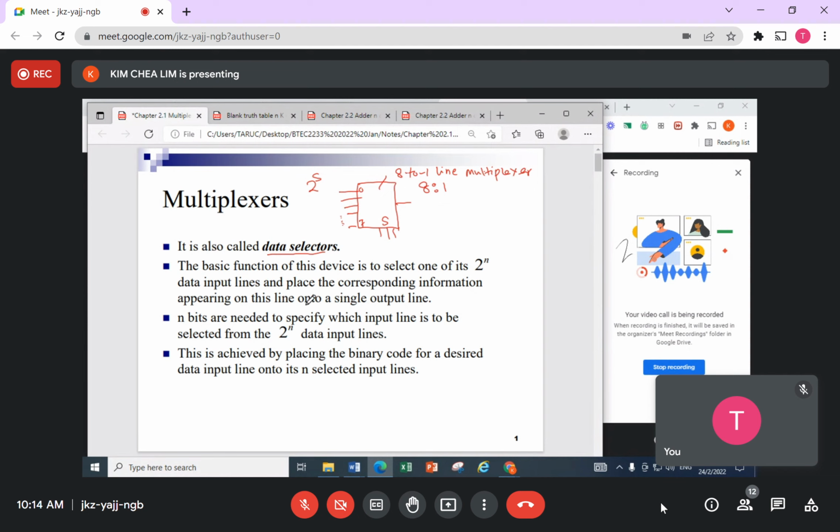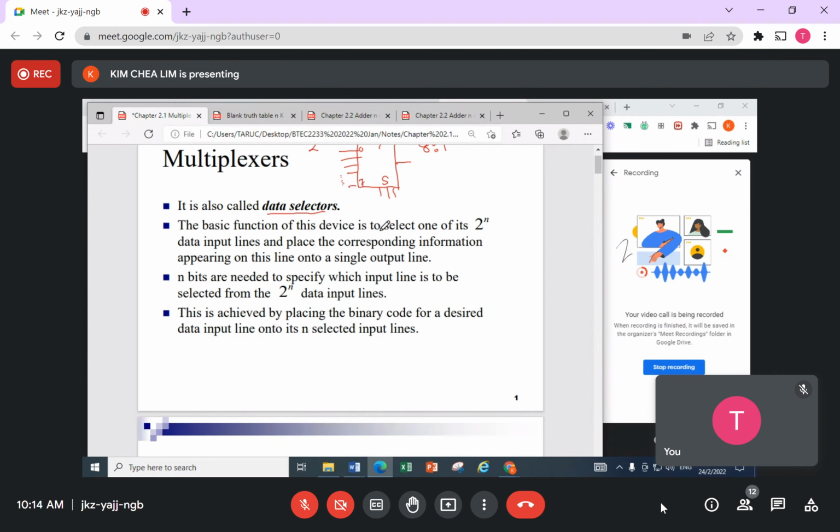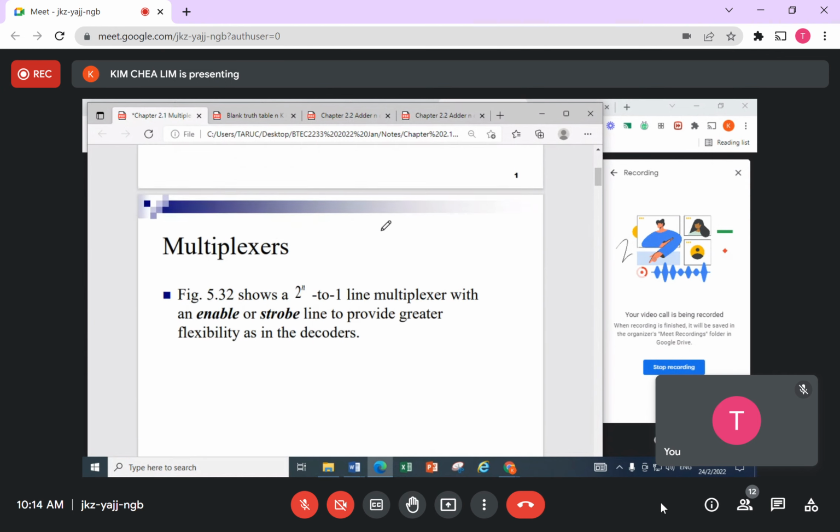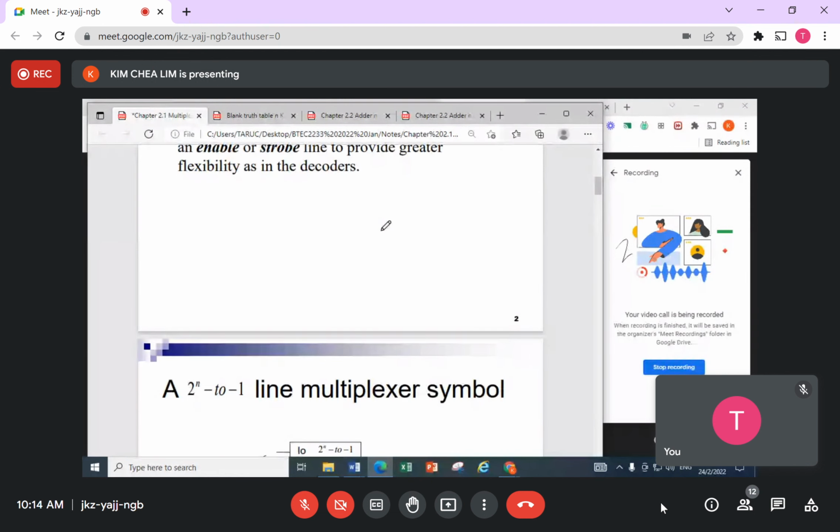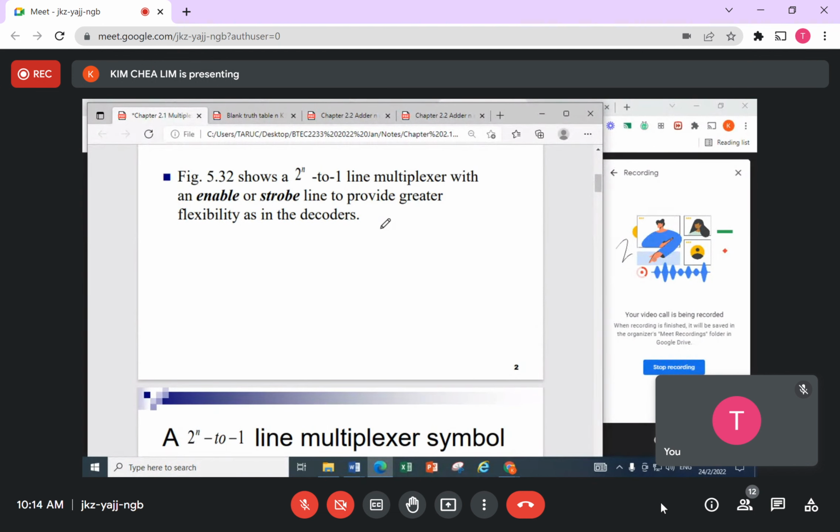All right, so this is everything that I mentioned just now. Now in this case, you are going to find that some multiplexers have an extra control input, your enable, or they call it strobe, to provide greater flexibility.